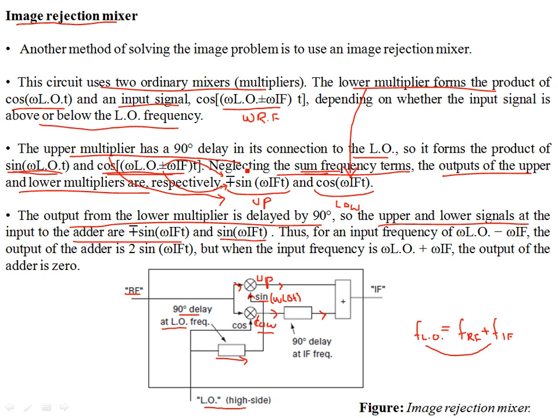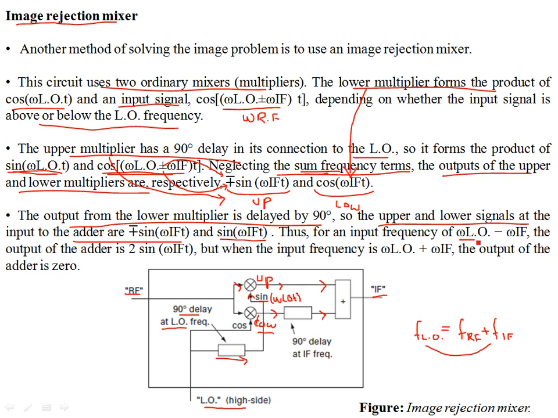Now, depending on whether the frequency that you considered at the input was higher than the intermediate frequency or lower than the intermediate frequency, you will have the sum of the two inputs before the adder equal to IF.